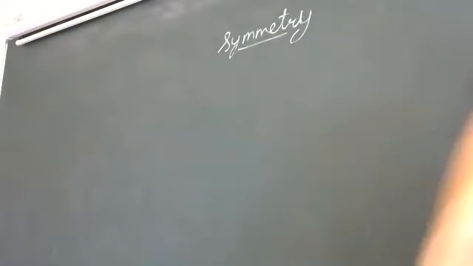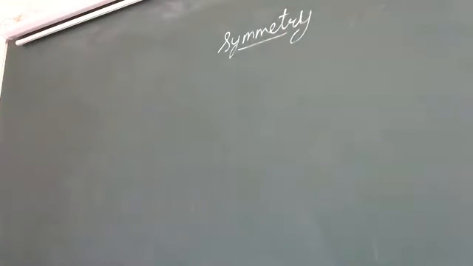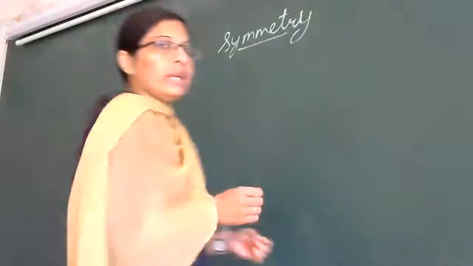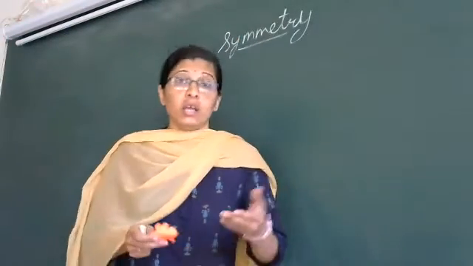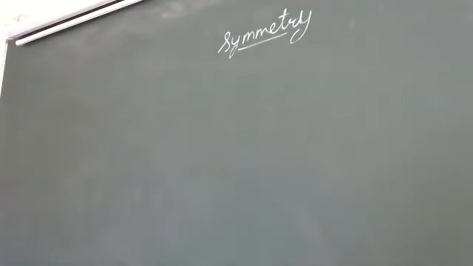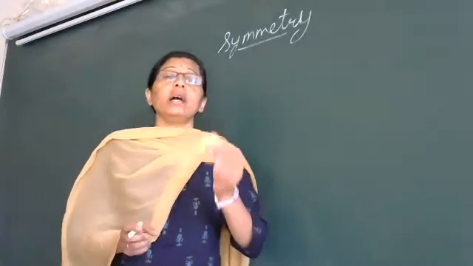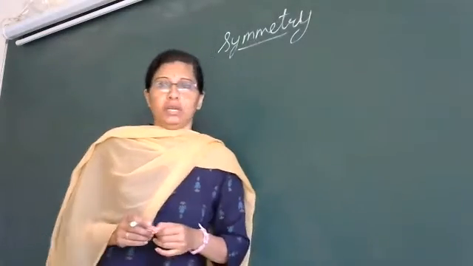So these figures are known as symmetrical figures, and the concept is known as symmetry. In nature also we can see many symmetrical shapes. The butterfly is the best example. Bee, butterfly, these are examples of symmetry.